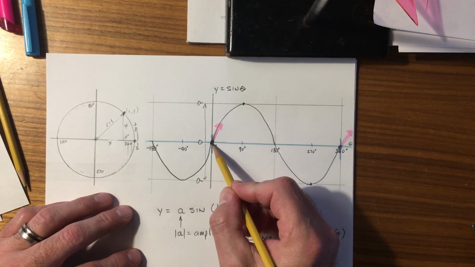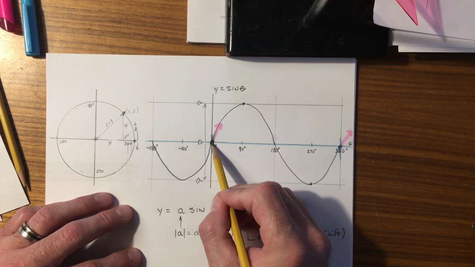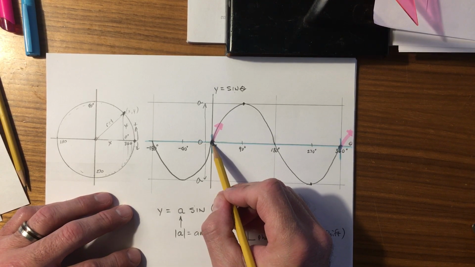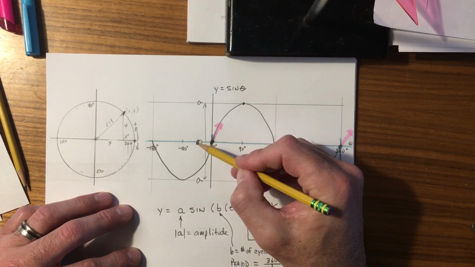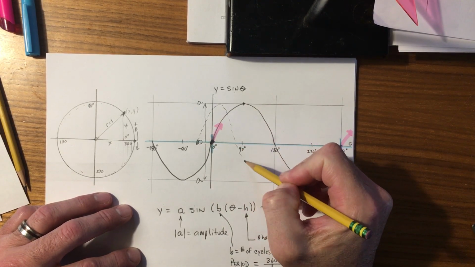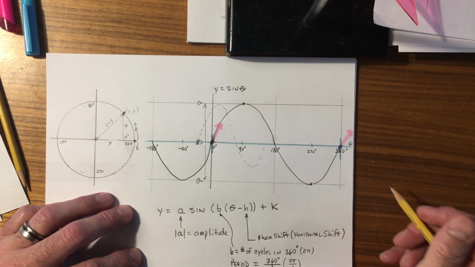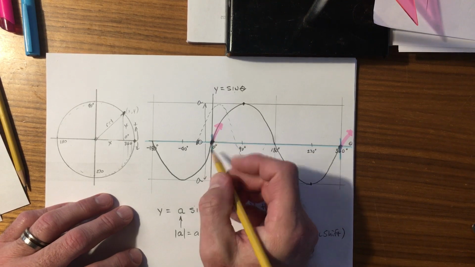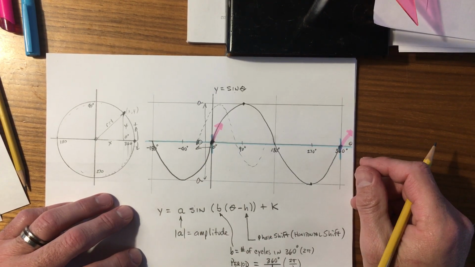It's possible that instead of this sine curve starting at 0, it could start at negative 45 and be shifted to the side. In that case, the phase shift would be negative 45 degrees.